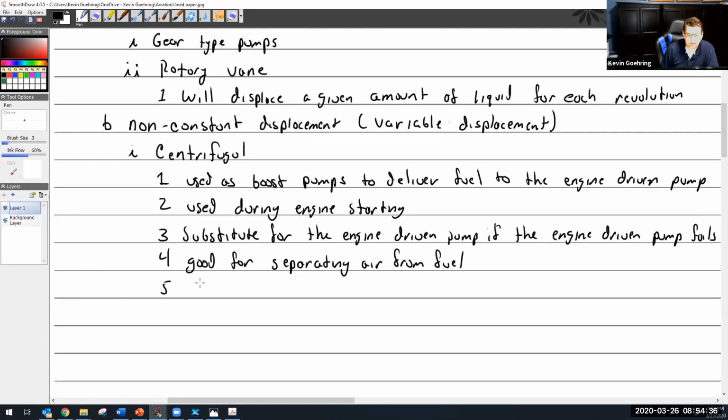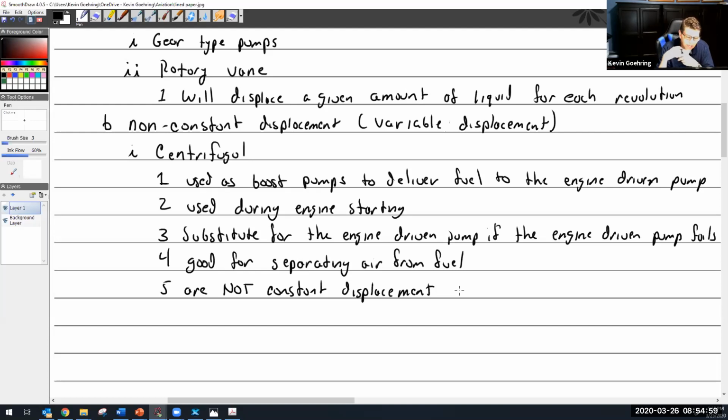And a little bit redundant, but they are not constant displacement. They act in the same way a propeller is not constant displacement.